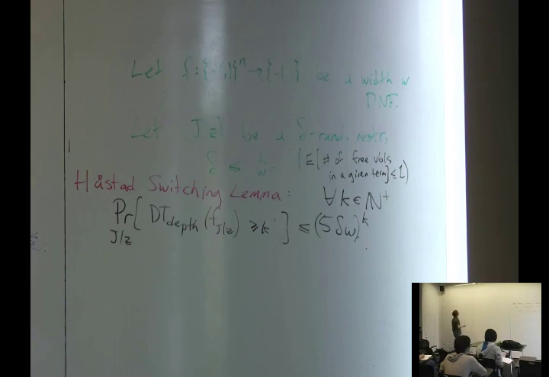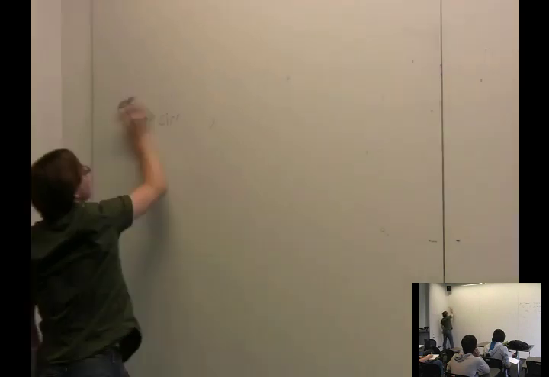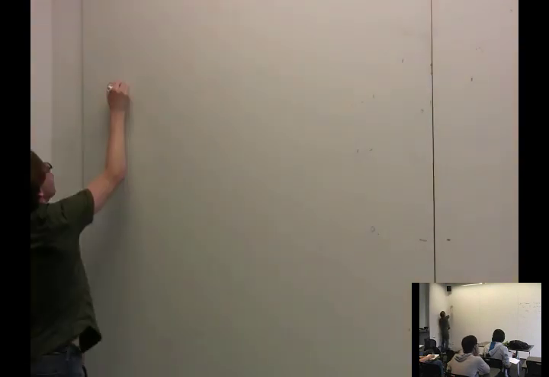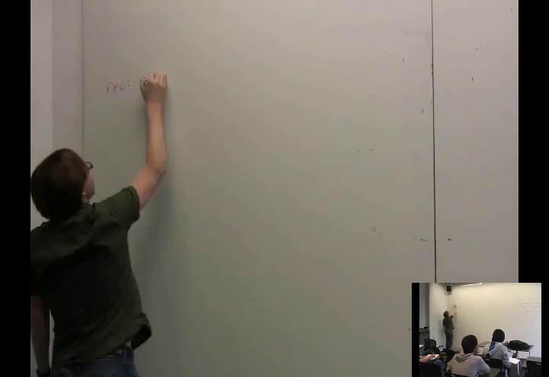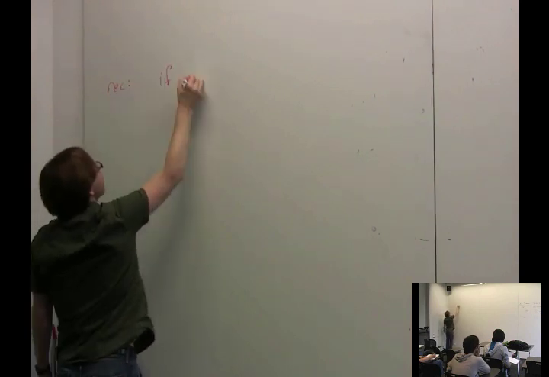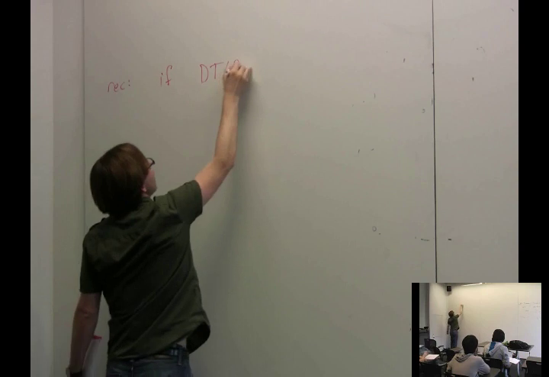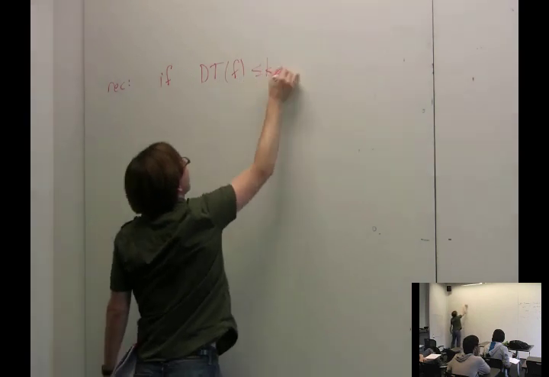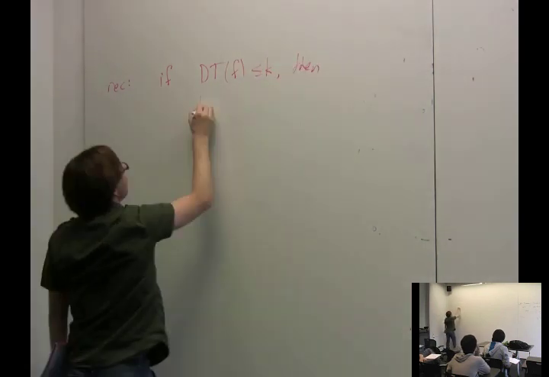I hope you remember that fact from a while ago. If you take a decision tree of depth k and do the Fourier interpolation, you'll see that you get something that's degree k. So we know that if the decision tree depth of f is at most k, then the degree of f is at most k.